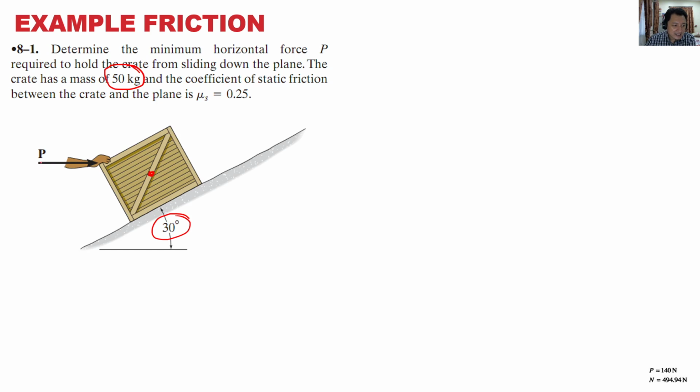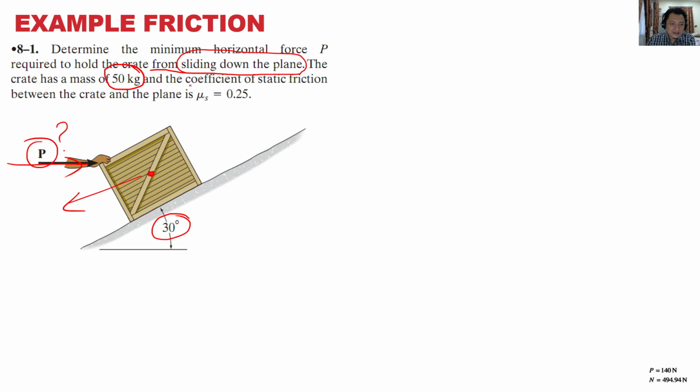There's a guy trying to give a push in order to stop the box from sliding down the plane. So this is very important, sliding down the plane. The box wants to go down. You are trying to stop it. So what is the force required in order for you to stop it from sliding down?